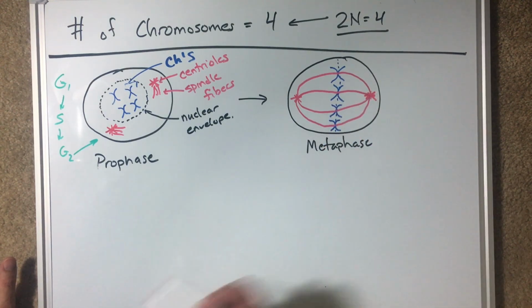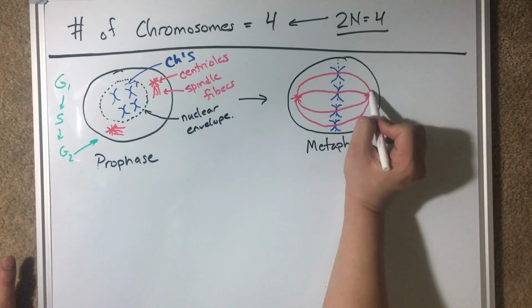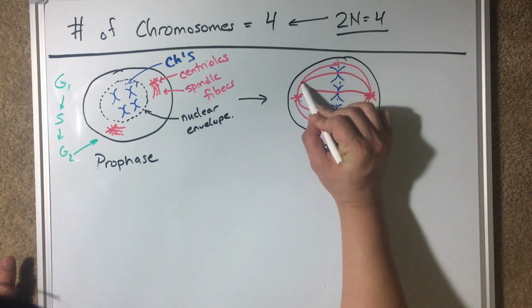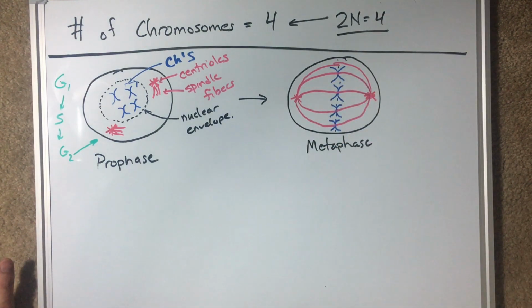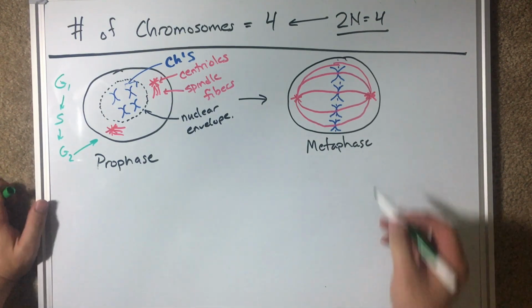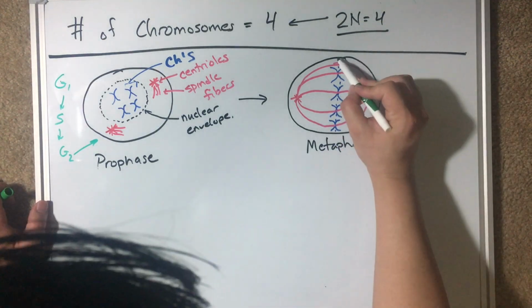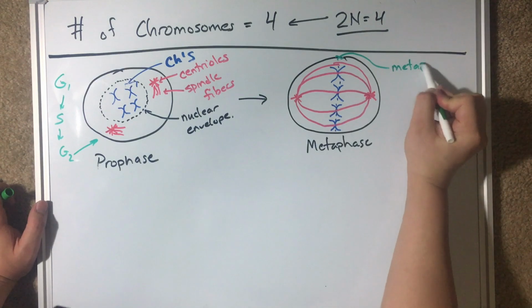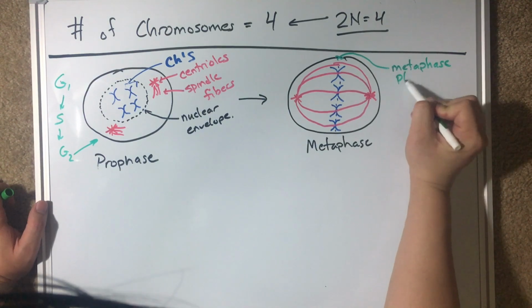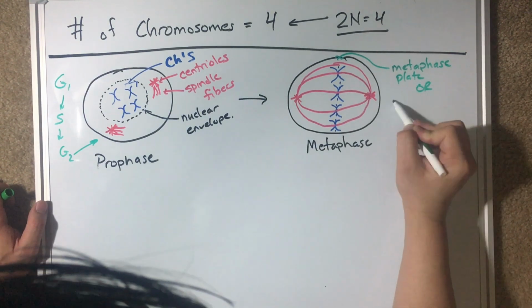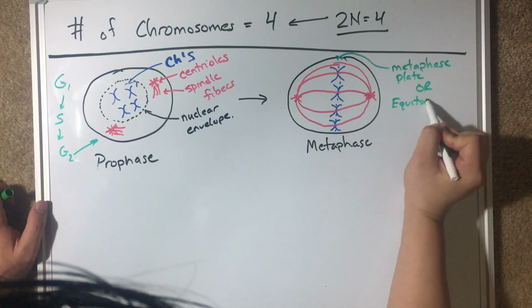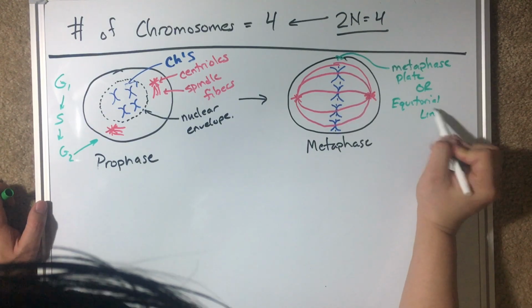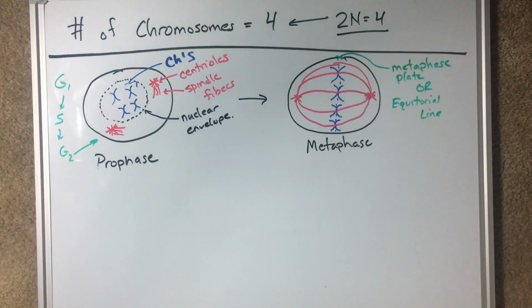Now, we also have what they call non-kinetochore connecting spindle fibers, but I'm not going to worry too much about that. This imaginary line that we saw earlier is called the metaphase plate or equatorial line, depending on which book you're using.